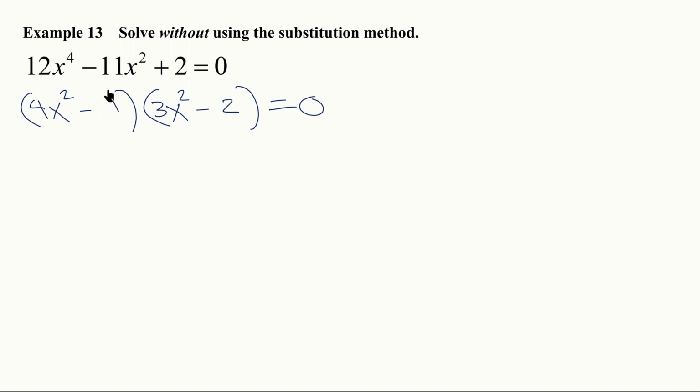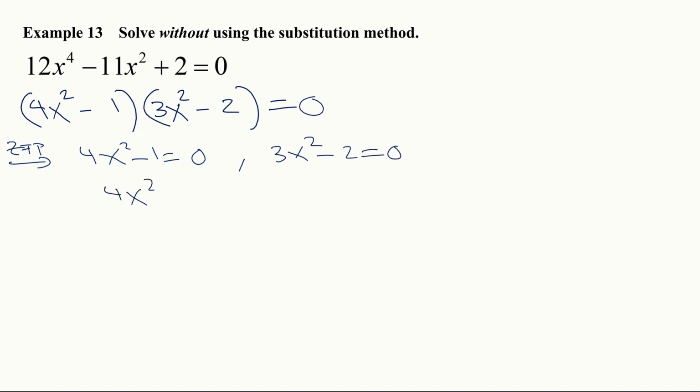Inner and outer add up to the middle. We're going to go ahead and apply the zero factor property right away. So the zero factor property says either 4x squared minus 1 equals 0 or 3x squared minus 2 equals 0.